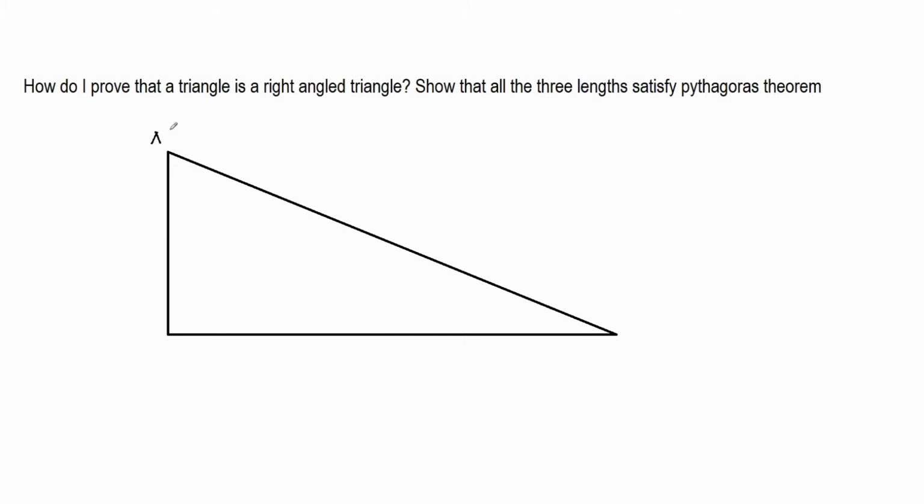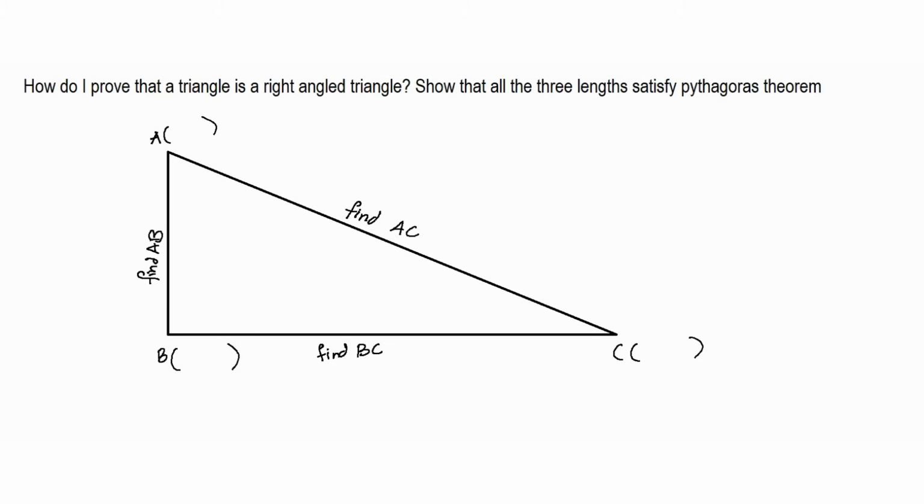I know the coordinates of vertex A, I know the coordinates of vertex B, and I know the coordinates of vertex C. Then I can use coordinates of A and C to find the length of AC. I can use the coordinates of B and C to find the length of BC. And I can use the coordinates of A and B to find the length of AB.